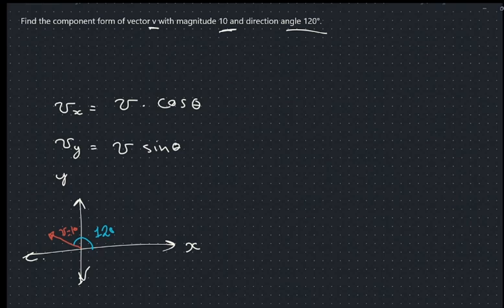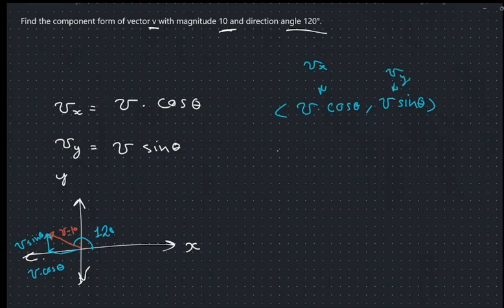So Vx is going to be V cosine theta, and Vy is going to be V sine theta. And let's find the component form. We learned that the component form can be equal to V cosine theta and V sine theta, right? Because this is just Vx and this is Vy.